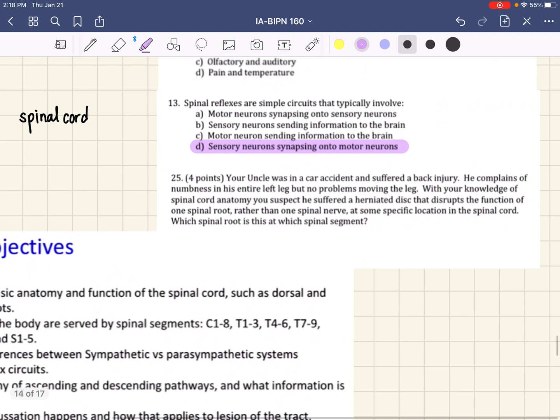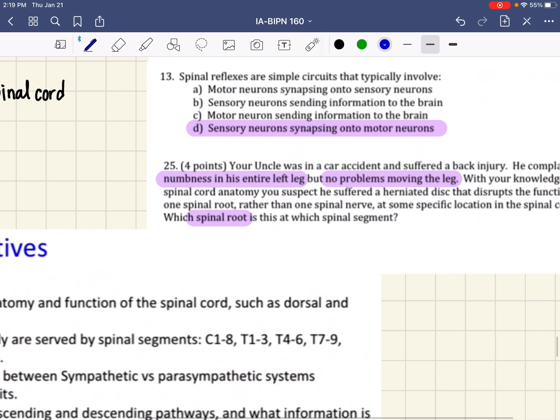Okay, number 25, your uncle was in a car accident, suffered a back injury. So this individual has numbness in his entire left leg, but no problems moving the leg. So this already tells us that there's a problem with his sensory neurons, however, not the motor neurons. And the question asks, which spinal root is this at which spinal segment? So spinal root, remember that we have 2 types of roots. We have the dorsal root and the ventral root.